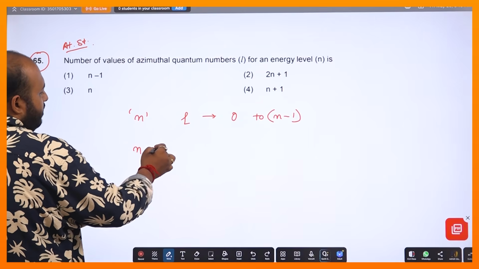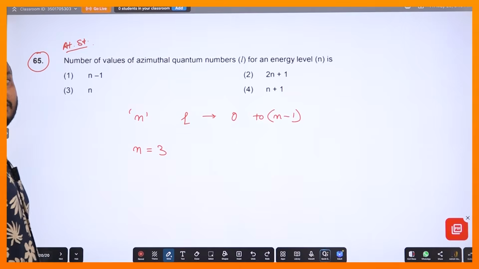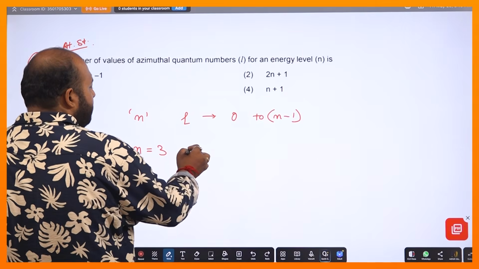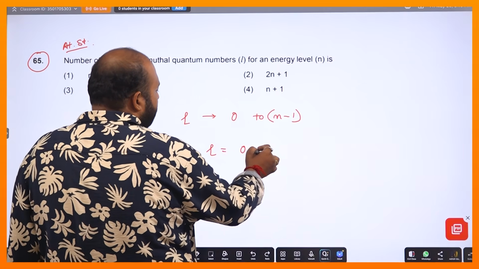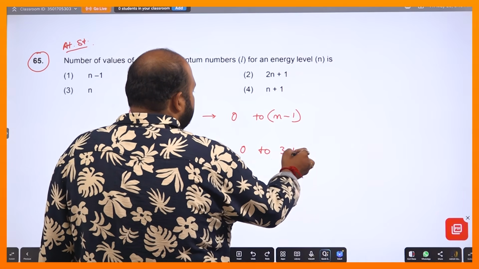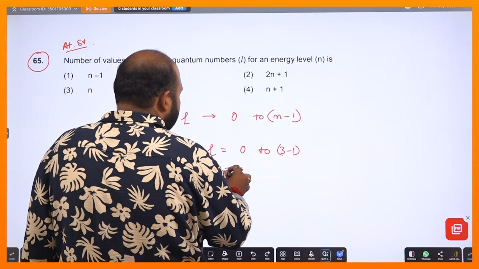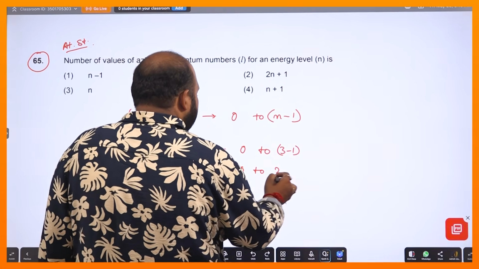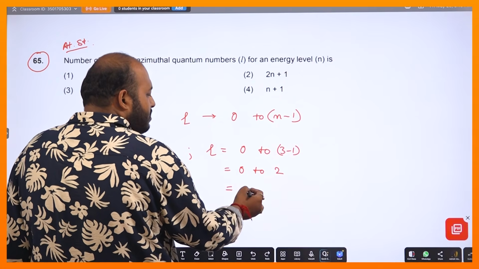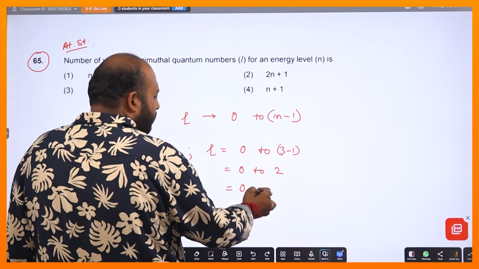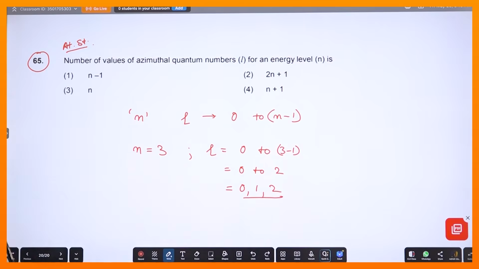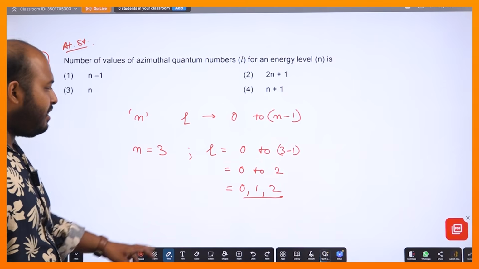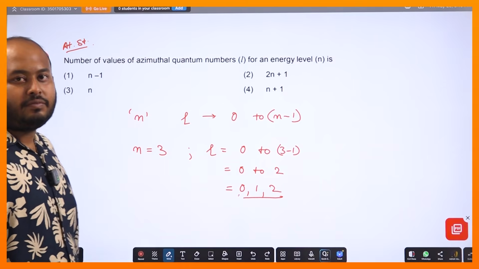Let us take the principal quantum number N equal to 3. The possible L values will range from 0 to 3 minus 1, that is 0 to 2, and the values are 0, 1 and 2. So how many values are there? There are 3 values, as we have included the 0 here.